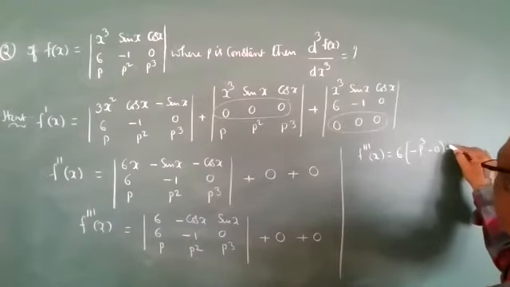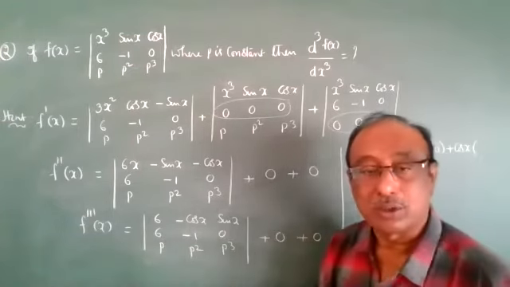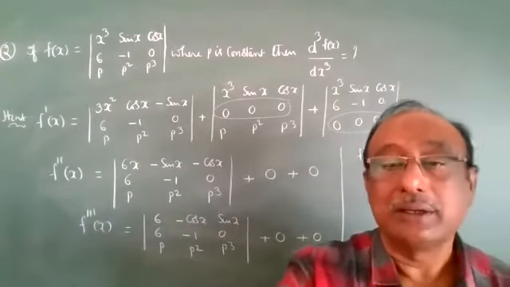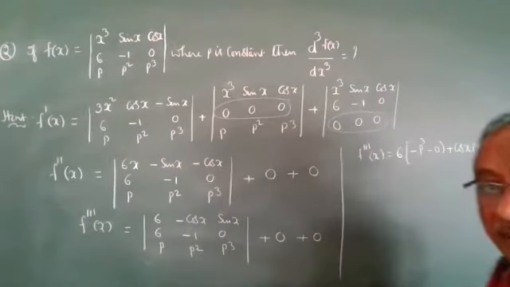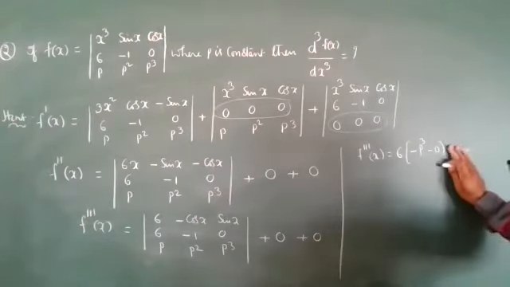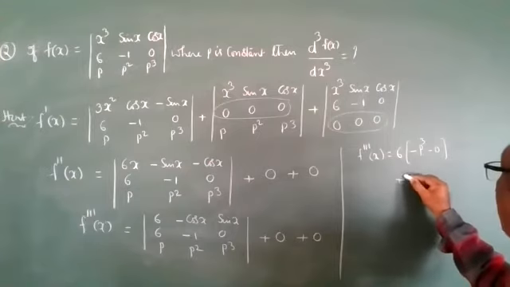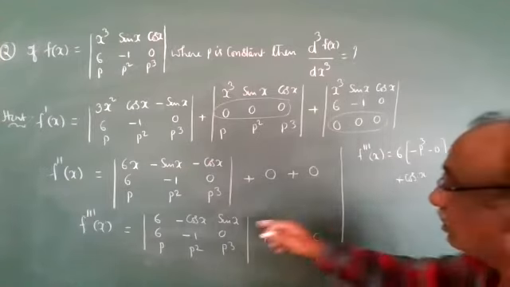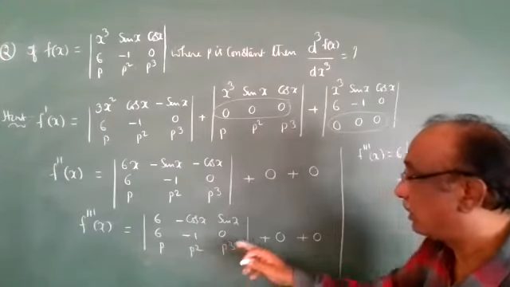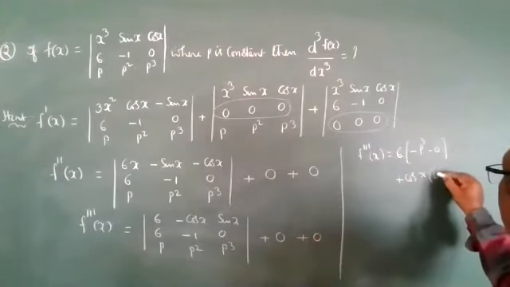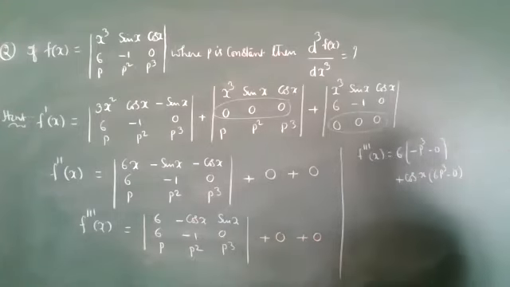Minus minus is the plus cos x, with its row and column deleted, plus cos x. Then 6p cube, minus 0.